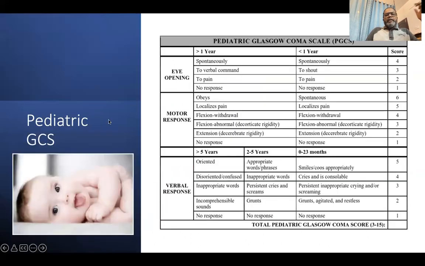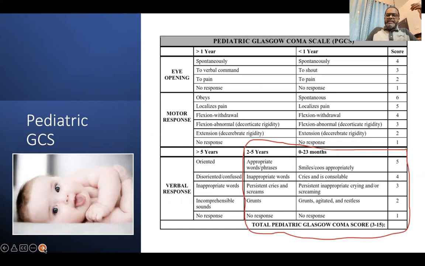So as far as GCS is concerned, when the case is pediatric, particularly in infants and children, this is slightly different. The difference is seen in the verbal response.